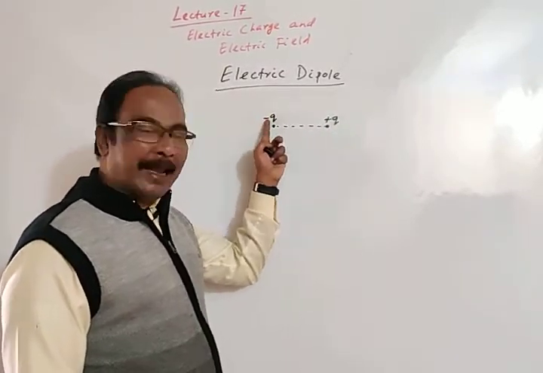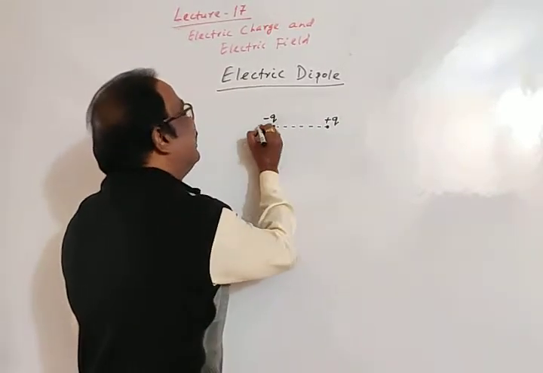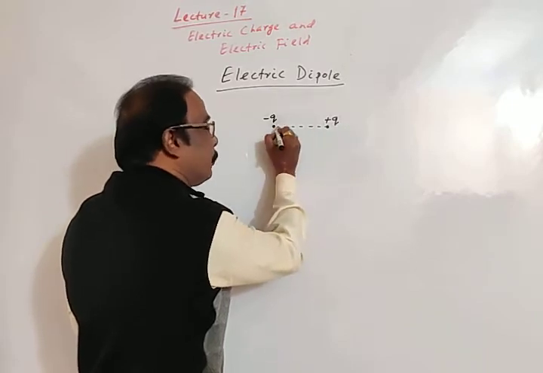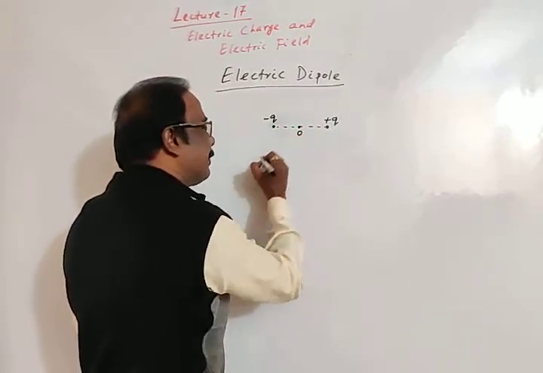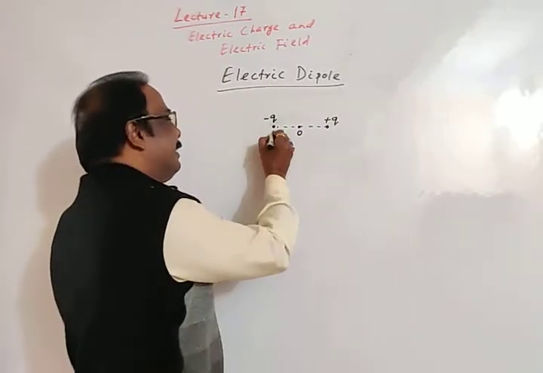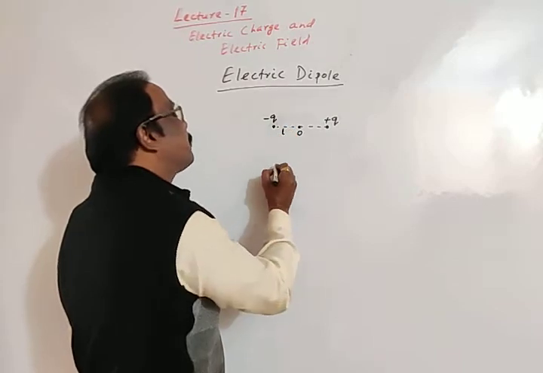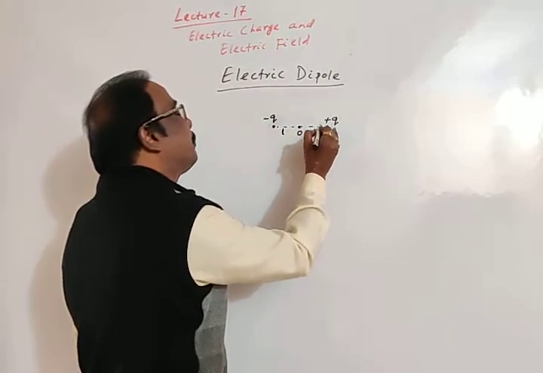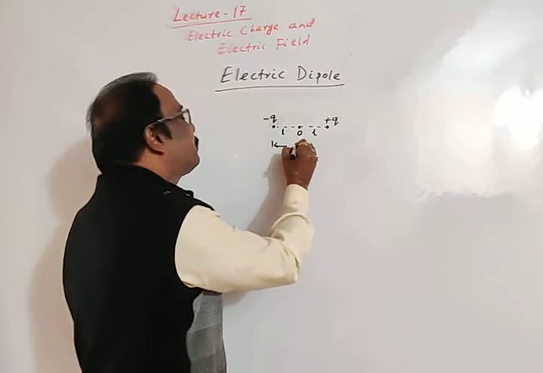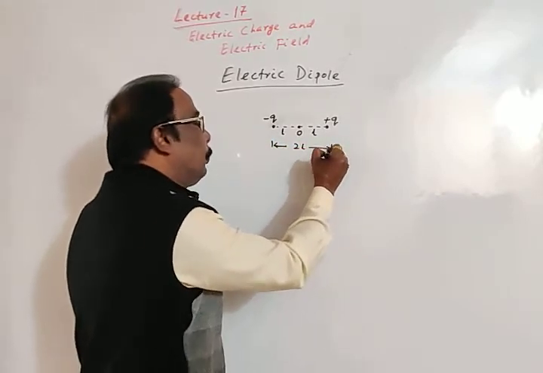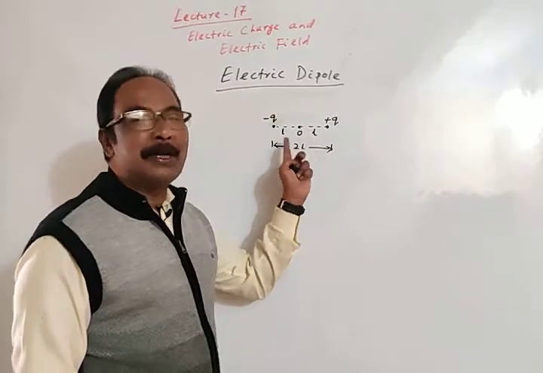One is negative, the other is positive. This is the line joining two equal and opposite charges, and this is their center. From the center, let the distance of minus q be L and the distance of plus q also be L, which means the distance between these two charges is 2L.